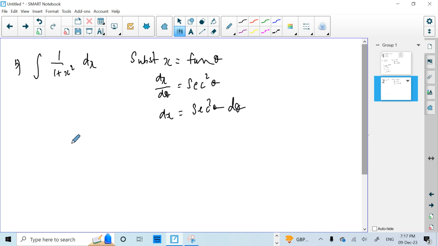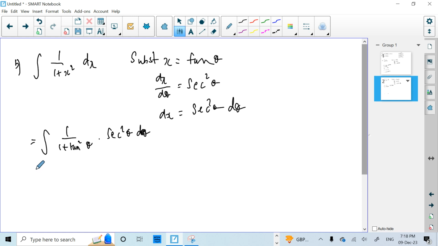Now, going back again, same procedure, we've got the integral of 1 over, now x is tan theta, so we've got 1 plus tan squared theta, multiplied by sec squared theta d theta.